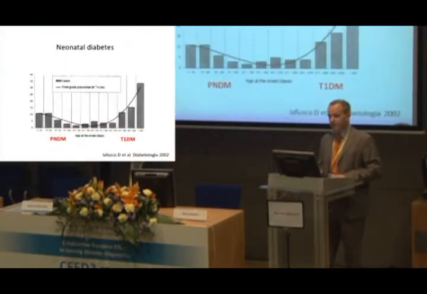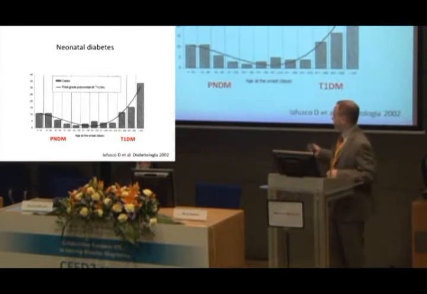And everything started from this epidemiological approach, when they found that there is a slight increase in frequency of neonatal diabetes with diabetes onset within the first 6 months of age. And after that, there is a nadir and another increase in frequency of this diabetes.